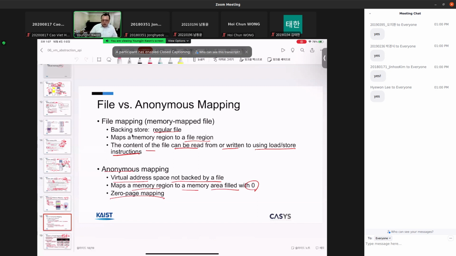In contrast, in anonymous mapping, when a page fault happens, the operating system allocates memory, initially zeroes it out, and gives it to the application. So what are the two most widely used types of anonymous memory? What two regions in a process's address space use anonymous mapping?